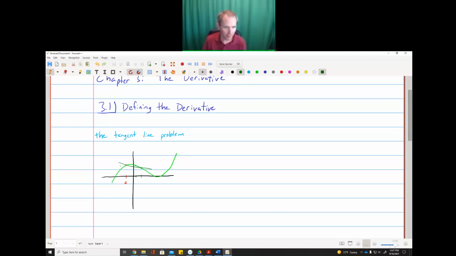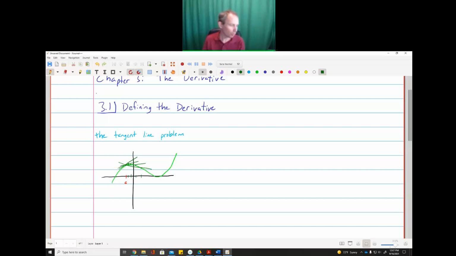As I pick points that are closer and closer to A, my lines will converge on a graph of a line that looks closer and closer to the tangent line. And so we have that sort of successive approximation, and by getting infinitely close using a limit, we can get the tangent line. That's the rough idea of what we want to outline here.